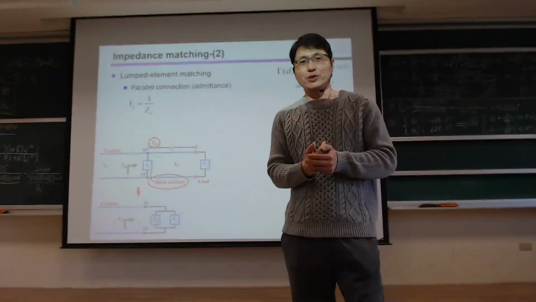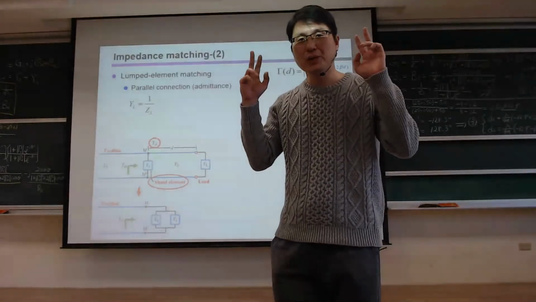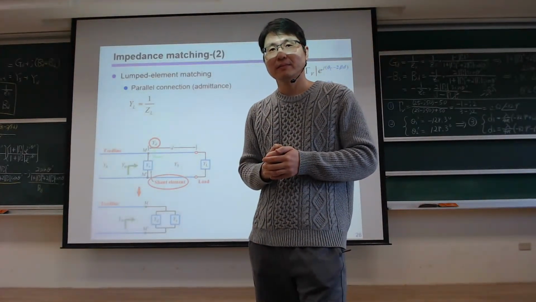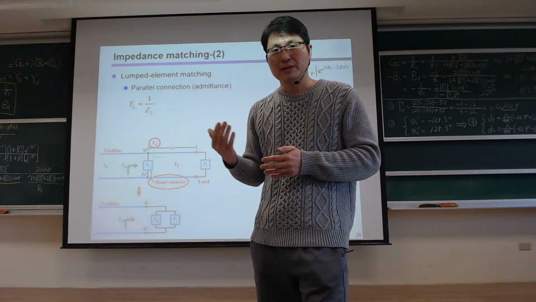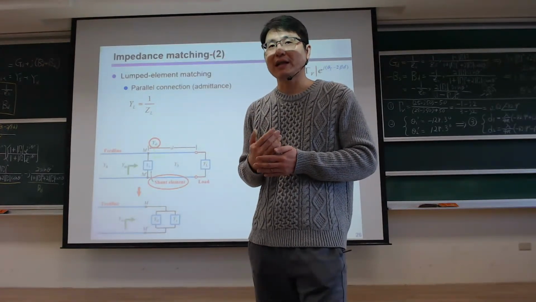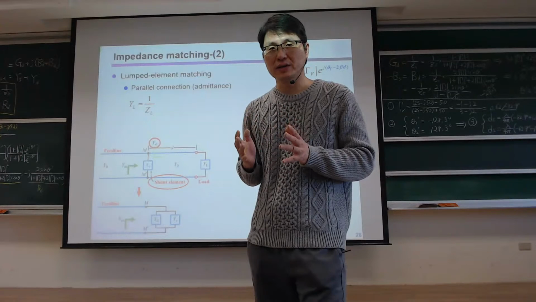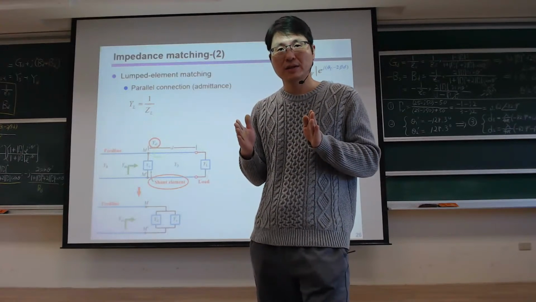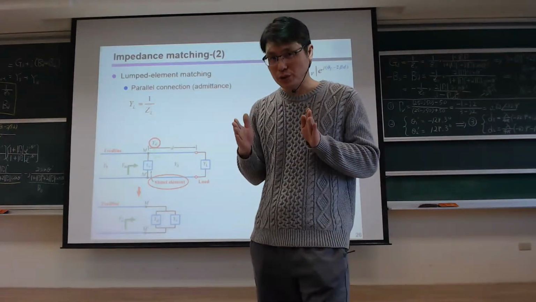Smart students like you, do you still remember what I said in the last class? Wave impedance and therefore wave admittance are periodic. What is the periodicity? Lambda divided by 2.